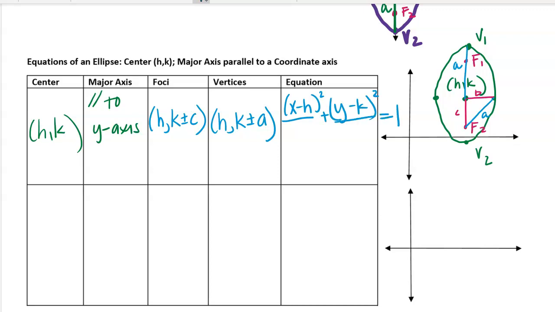But we said the y will get the a squared. And the Pythagorean theorem, guys, is still the same. a squared equals b squared plus c squared. And a is always, always bigger than b. None of that has changed.